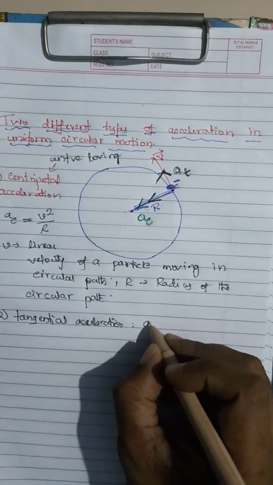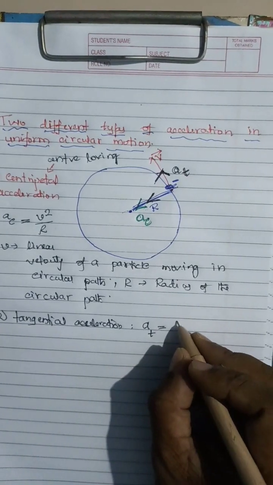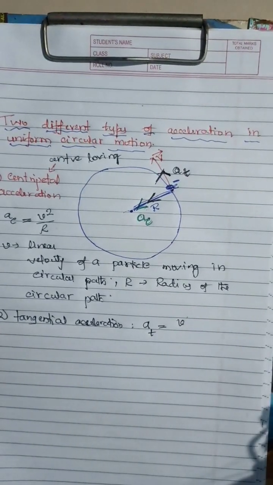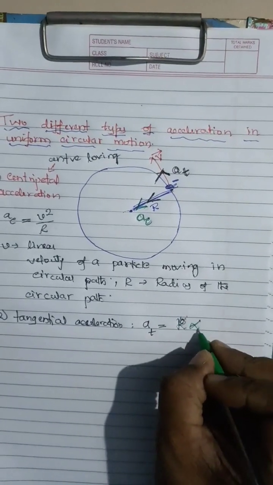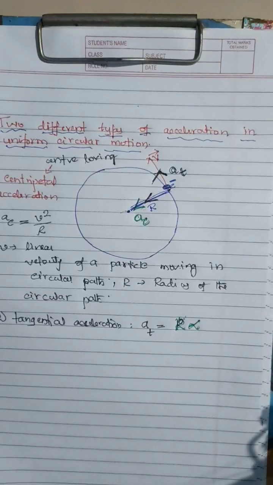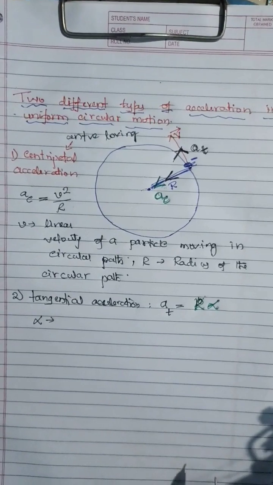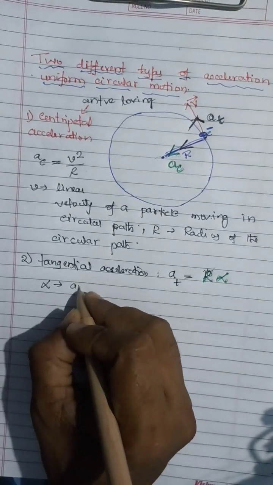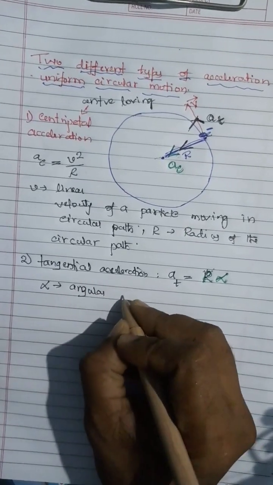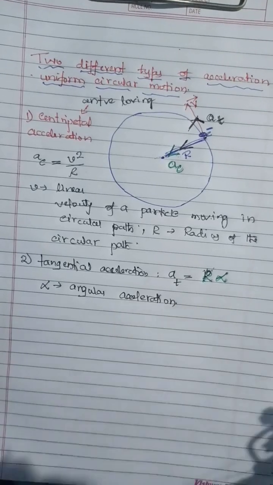It is denoted by AT, and the formula is AT is equal to r into alpha. What is alpha here? Alpha is angular acceleration.